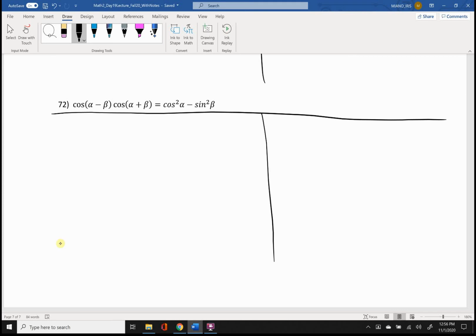So this first one is going to be cosine, cosine, sine, sine. And that's going to be multiplied by this other version of cosine, cosine, sine, sine, but the sign will be changing into subtraction, so that'll be cosine, cosine, sine, sine.